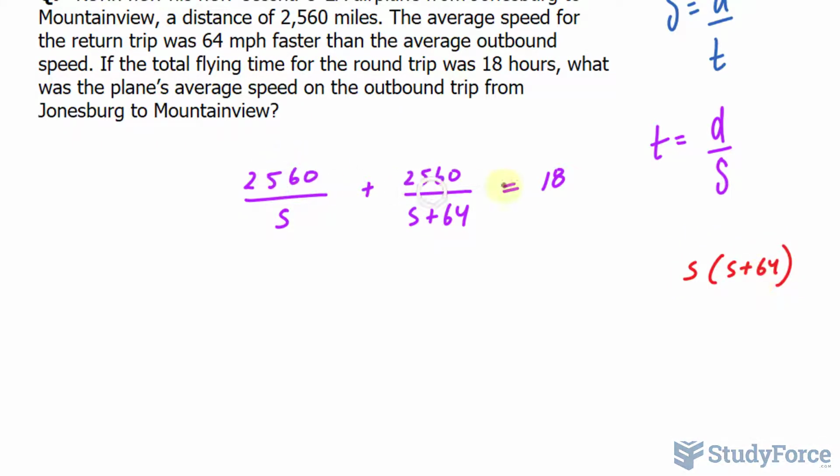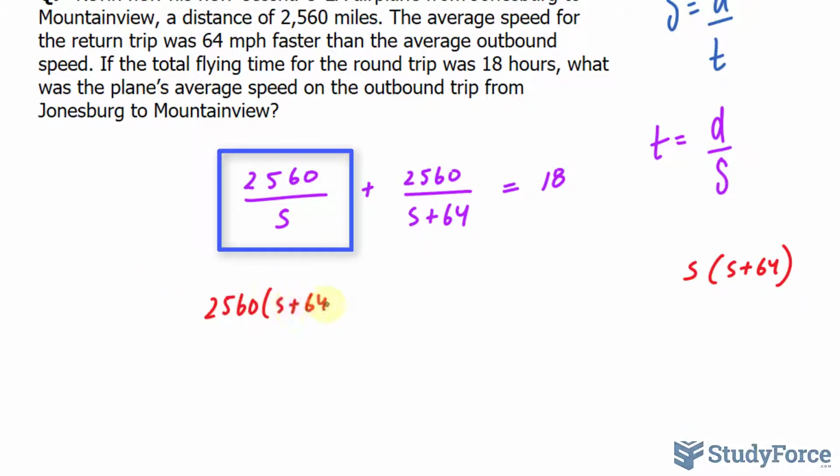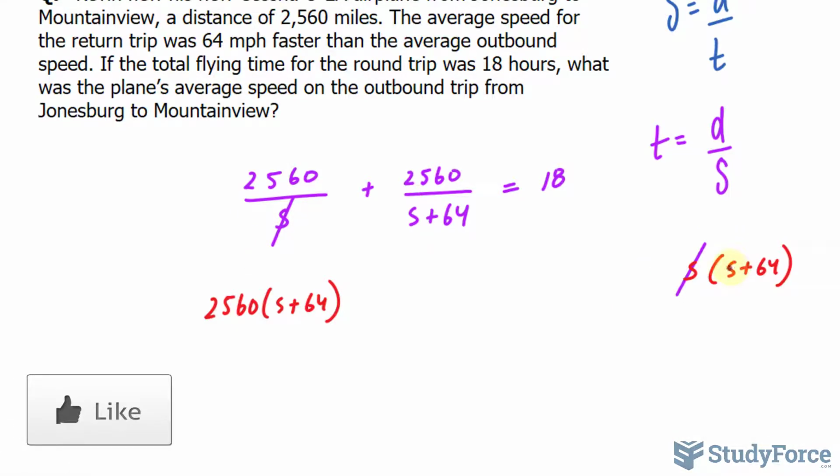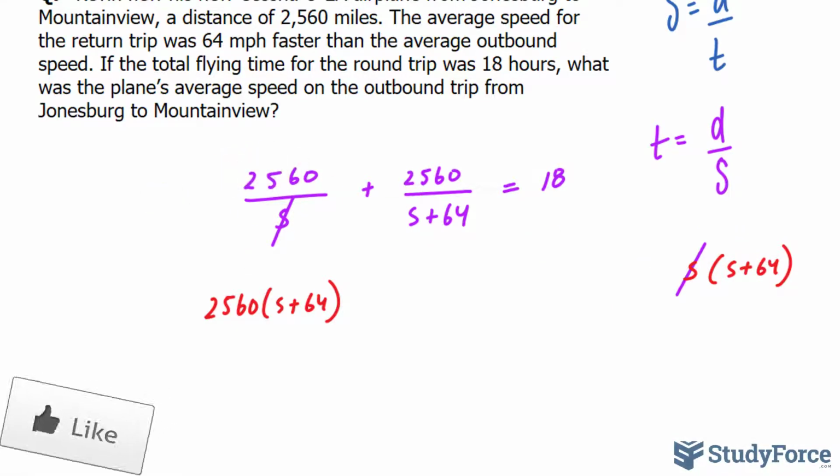If I multiply each of these three terms by s bracket s plus 64, this term becomes 2,560 times s plus 64. The reason being is, if we multiply this to that, this s and that s will cancel out, leaving you with s plus 64 times the numerator.